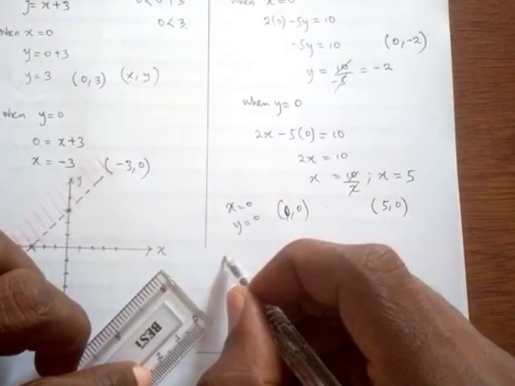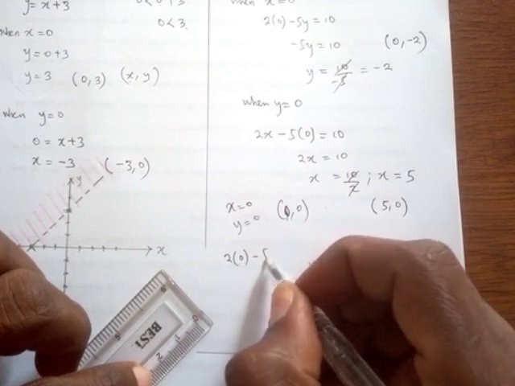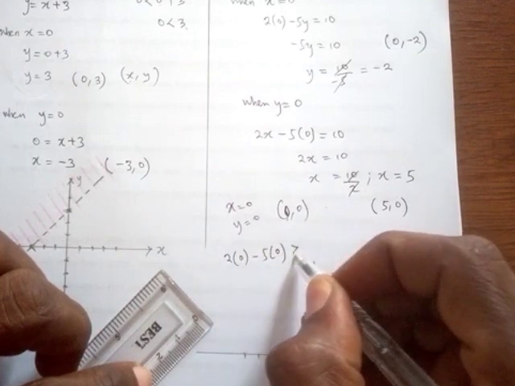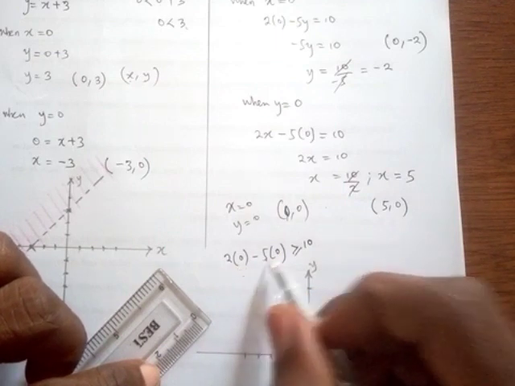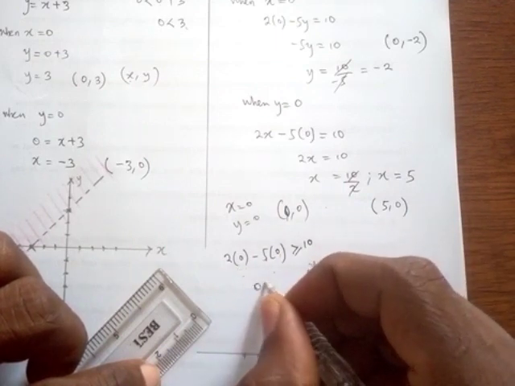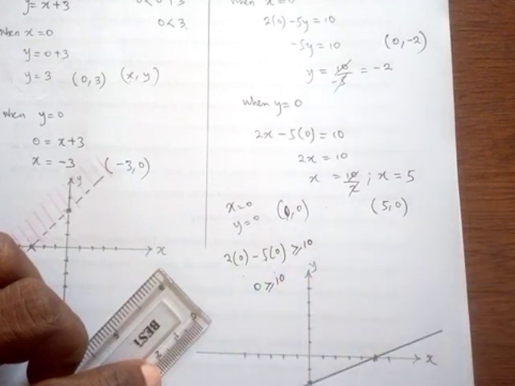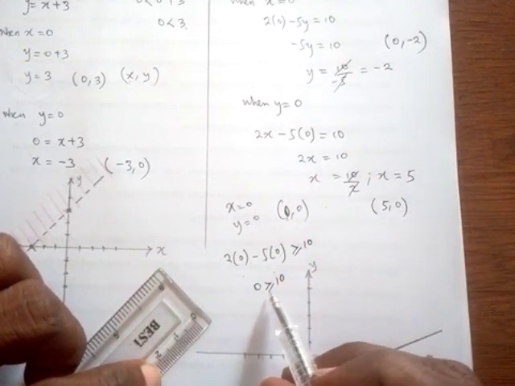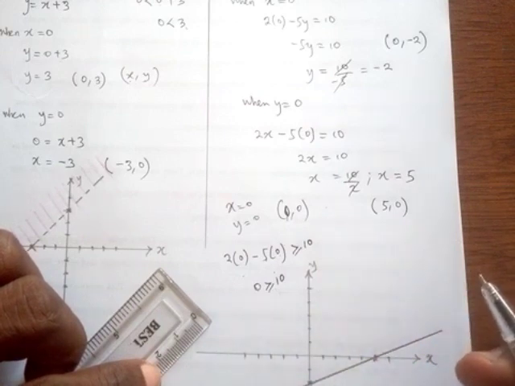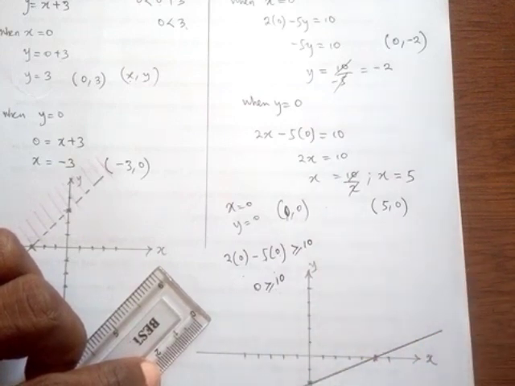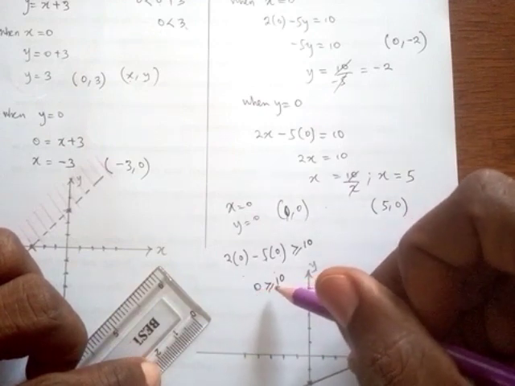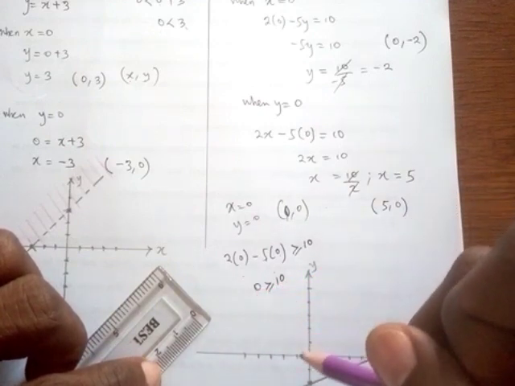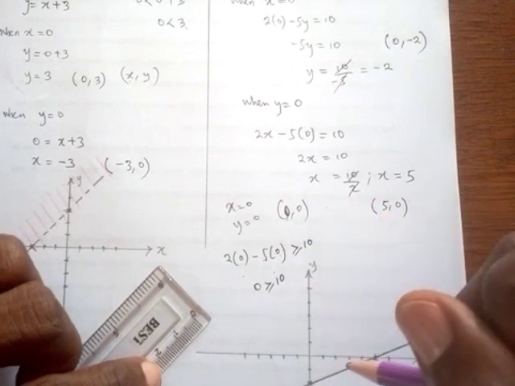So if we have 2 bracket 0 minus 5 bracket 0 greater than or equal to 10. 2 times 0 is 0, 5 times 0 is 0, so we have 0 is greater than or equal to 10. This is obviously false because 0 is not greater than or equal to 10. So the region that talks about 0 being greater than or equal to 10 is the region we'll shade.